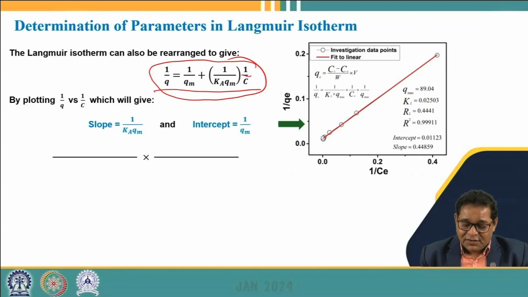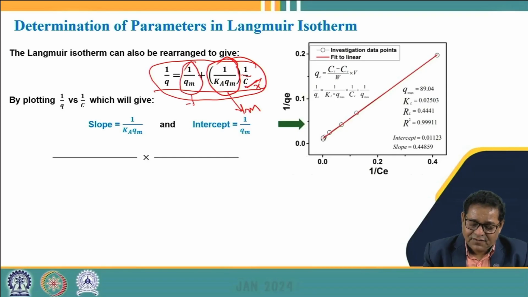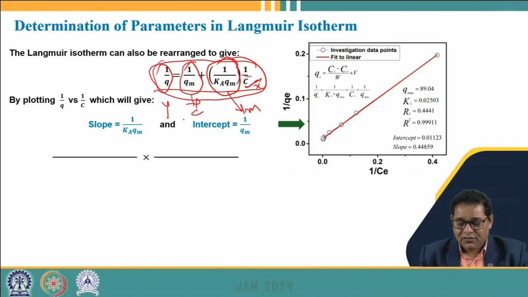Comparing with the equation of a straight line, this is m, this is taken as x, this is c, and this is taken as y, so it gives a straight line equation in the form y is equal to mx plus c.